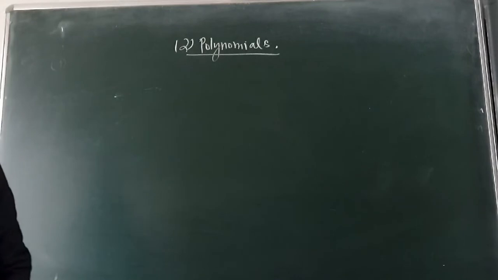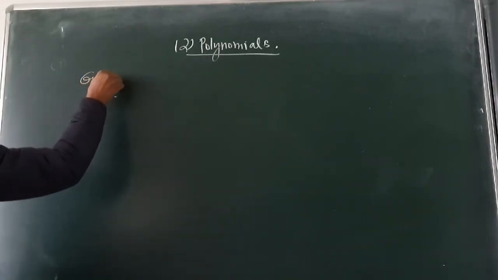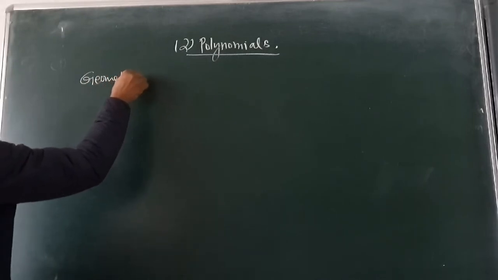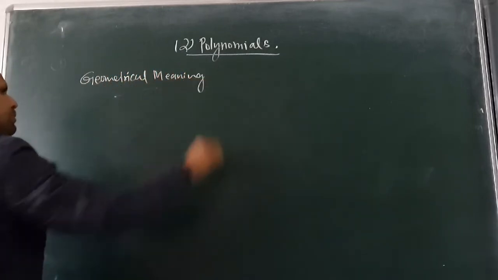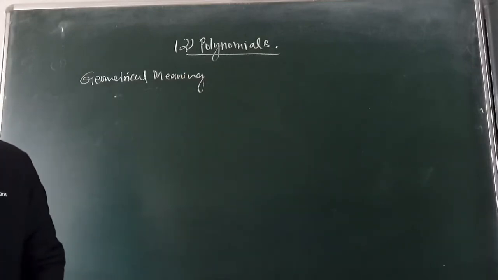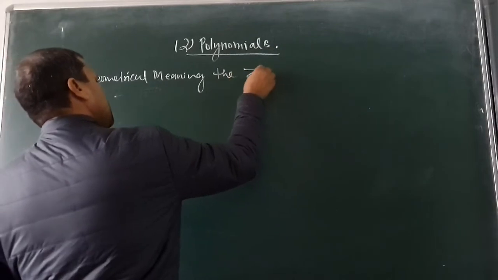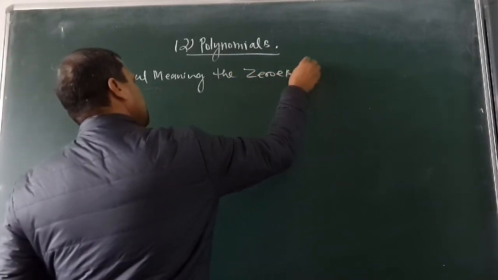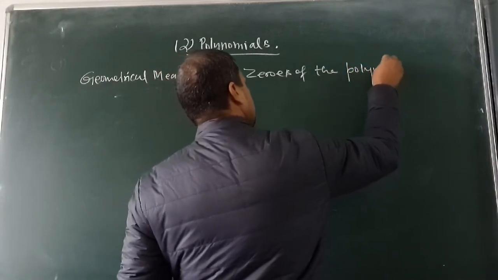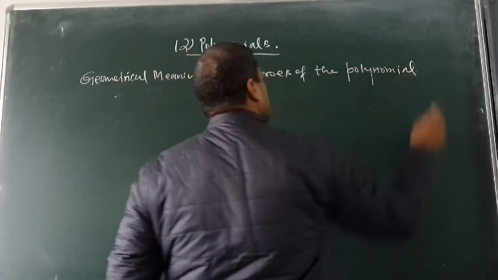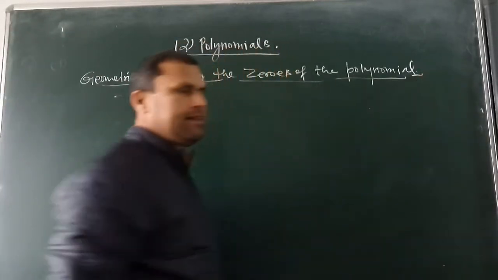So the geometrical meaning of the zeros of the polynomial. This is a very important topic.